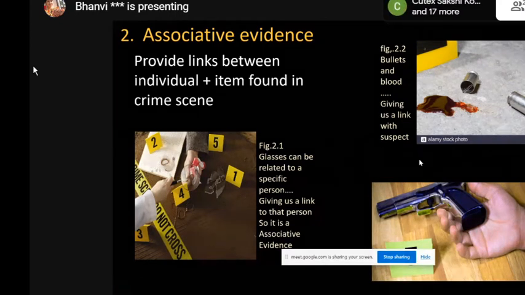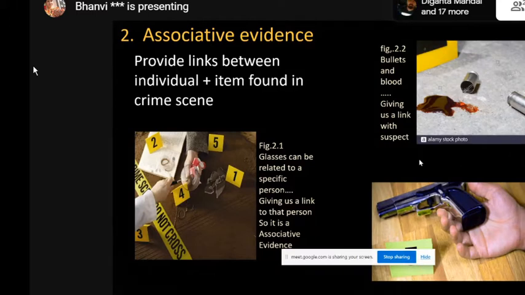evidence targets. All these are associative evidence, and other examples can be semen from sexual assault, saliva from spitting, paint transfer during burglary, and soil from a scene. In some cases, the associative evidence may be less definitive and provide confirmation of other evidence.